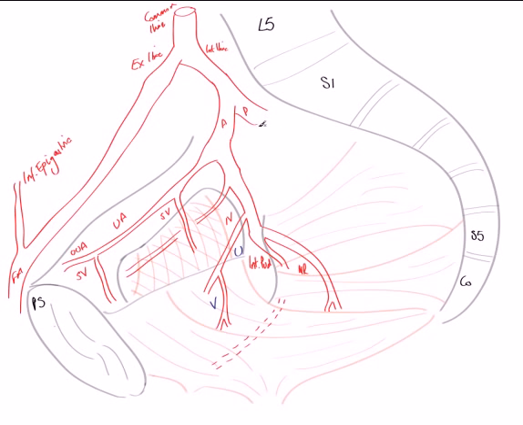But if we just look at the posterior trunk, then this really gives off 2 main branches, both of which are associated with the piriformis muscle. We have a branch that leaves the pelvis superior to piriformis and a branch that leaves the pelvis inferior to piriformis. The branch that leaves superior to piriformis is the superior gluteal artery, and the branch that leaves inferior to piriformis is the inferior gluteal artery.